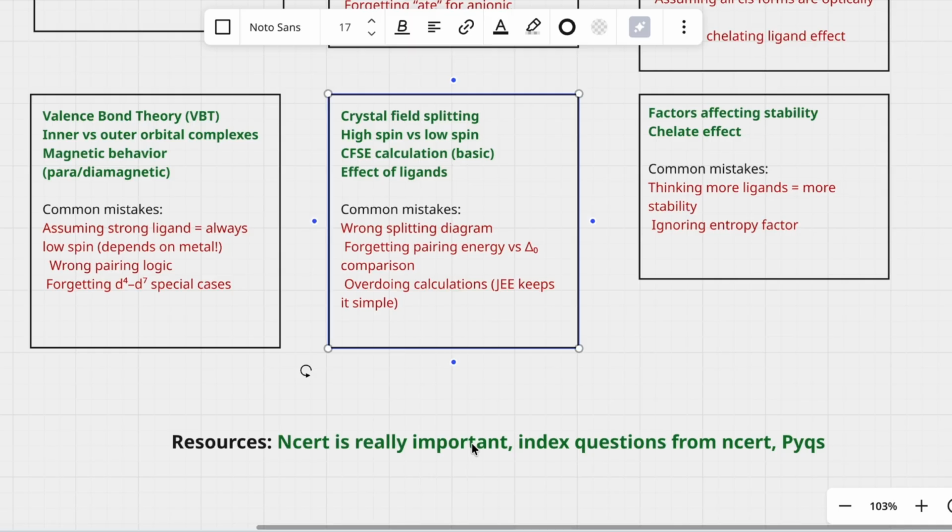Also, they might ask you to find the color of a given compound. So you should know the color wheel, which energy corresponds to which color. This concept should also be clear. I've pretty much discussed all the cases and all the questions that are asked in JEE Mains, and PYQs are also really important.